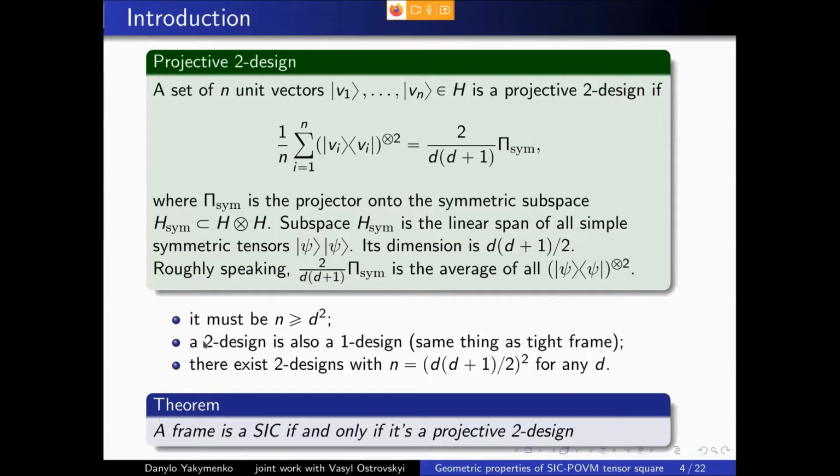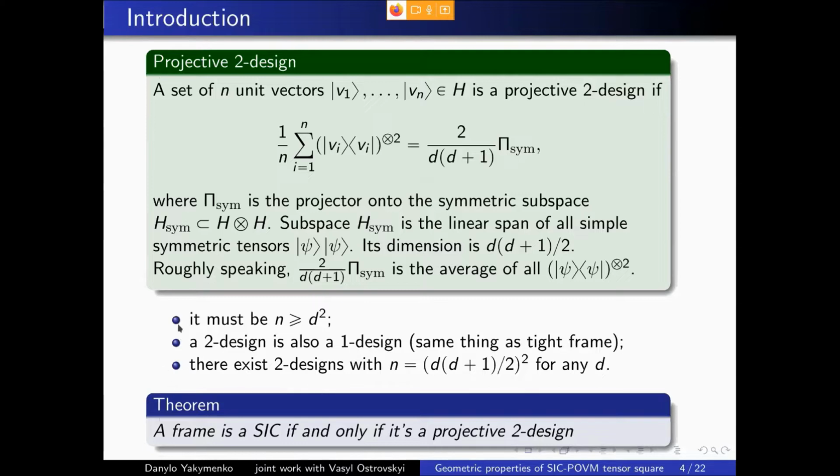And another important fact is that a two-design is also always a one-design, which is just the same thing as a tight frame. And another interesting fact is that we can actually bound n from above, because there is always a two-design with at least such n, for any dimension d, right?